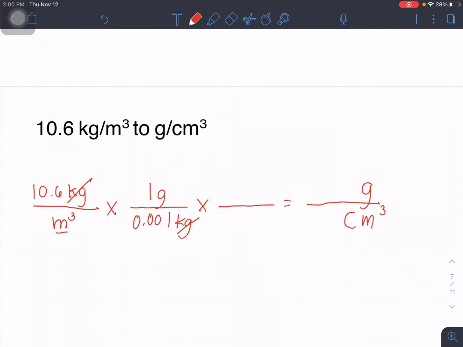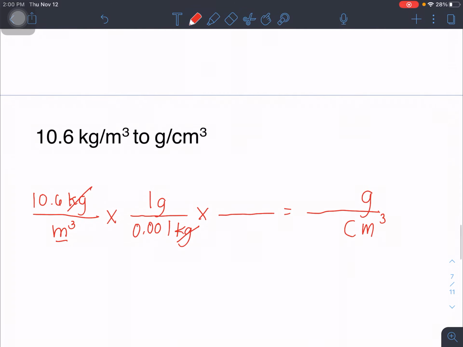Now we should change meter to centimeter. So a meter should be placed at the top, so we could cancel them, and the centimeter should be at the bottom. So our final answer will be having a centimeter unit at the denominator part.